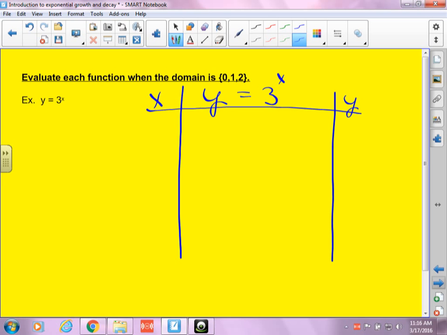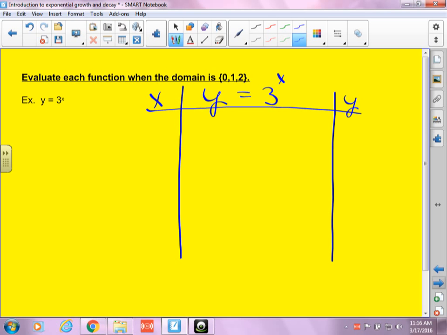No, we've done H tables so much, it's not even funny. And when I say domain, what's another word for domain? Input. Okay, what is the opposite? Output or range. Yeah. So a lot of what we did with linear is going to help us with exponential.